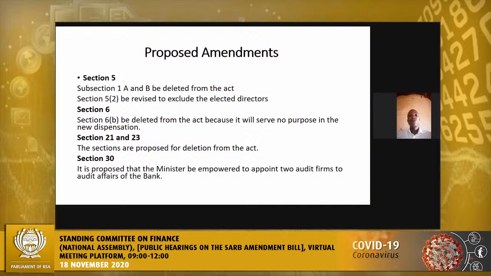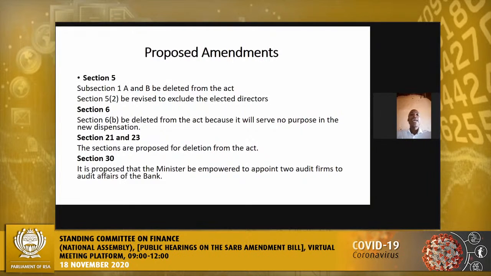Now, the allegation supposes that there are only 8 independent reserve banks in the world. That is false. That cannot be true. The independence of the Reserve Bank has nothing to do with being owned by private individuals. It has everything to do with the policy direction of the Reserve Bank.